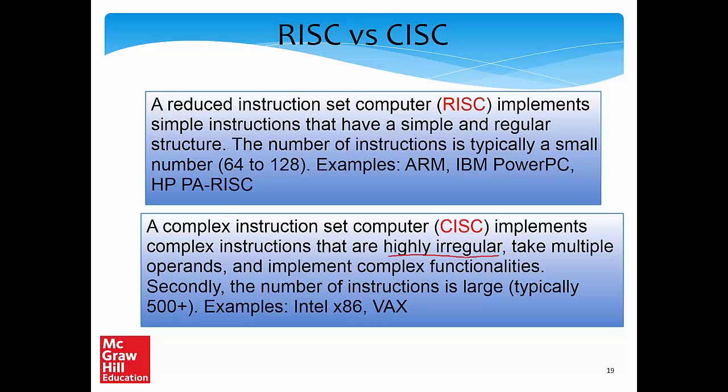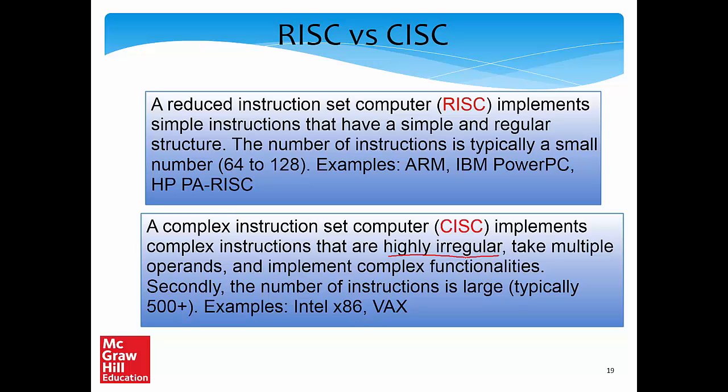They might take multiple arguments, operands, and implement very, very complex functionalities. An example of such an instruction set is Intel x86. Intel processors power most of the desktop and laptop computers today.